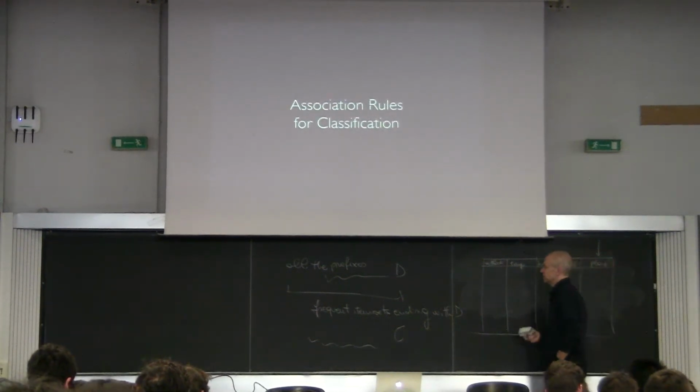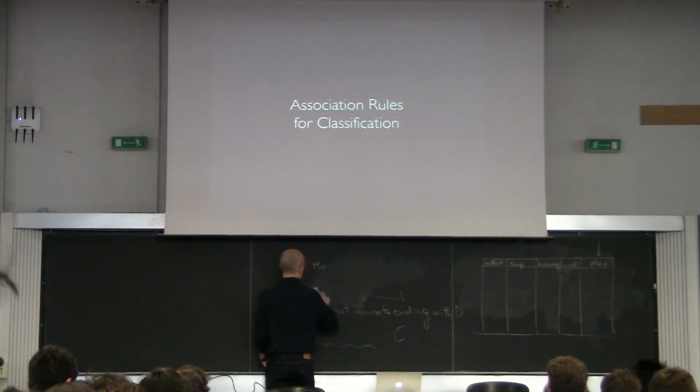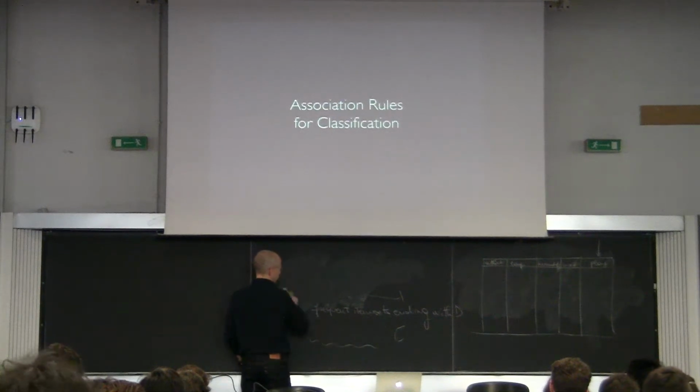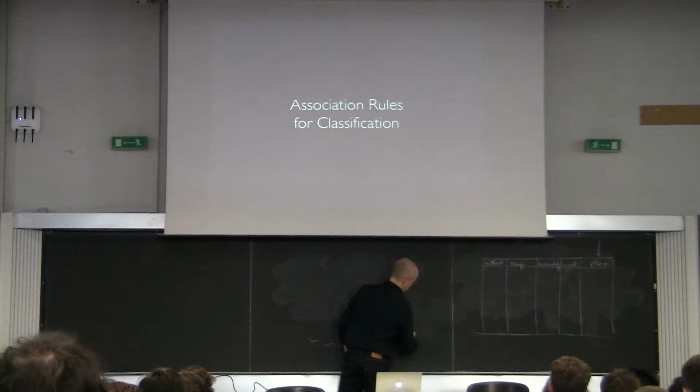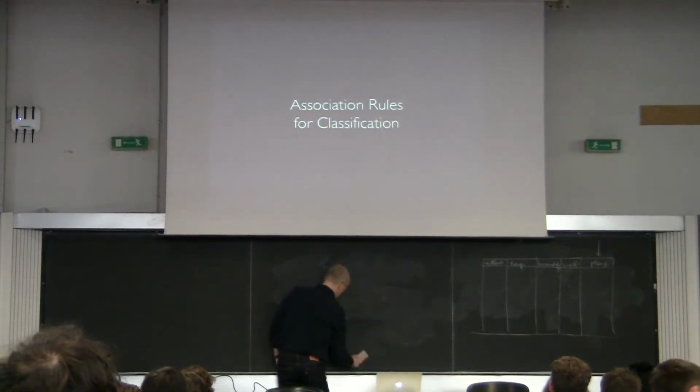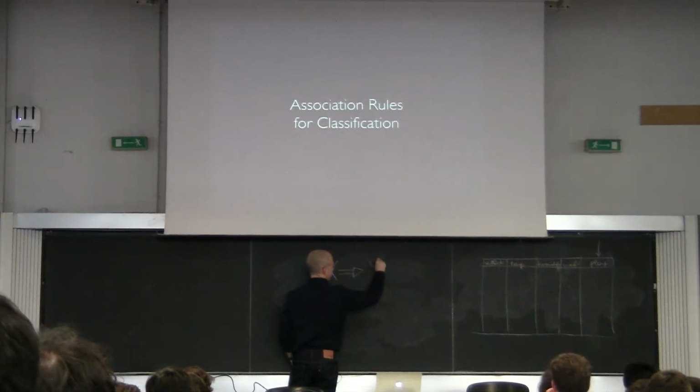Now, again, an association rule, what does it do? It tries to predict the occurrence of the tail given the head.